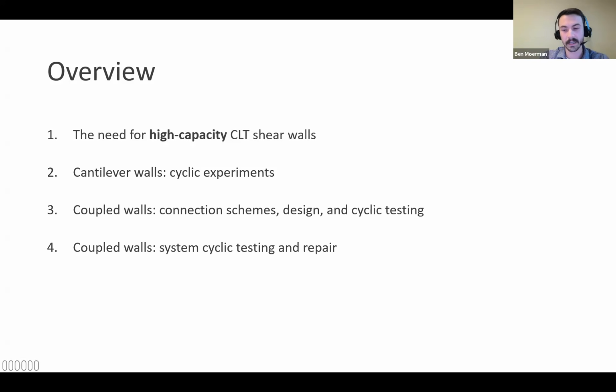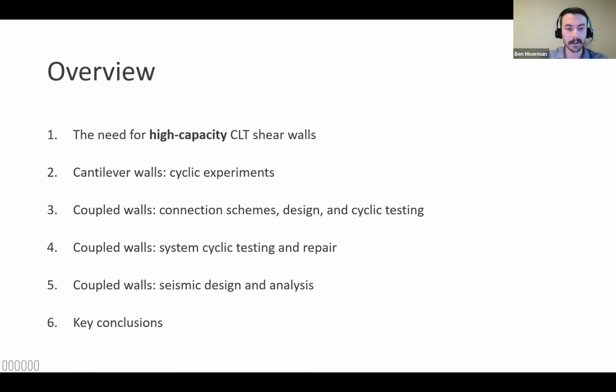Then beyond just the connection testing, we'll go into how we tested the whole system, and then how we repaired it and retested it. Then following the experiments, we knew the system worked, so we did some analysis and proposed a seismic design method. And hopefully I can do it all in 30 or 40 minutes. Finally, I'll wrap it up with a few key conclusions.